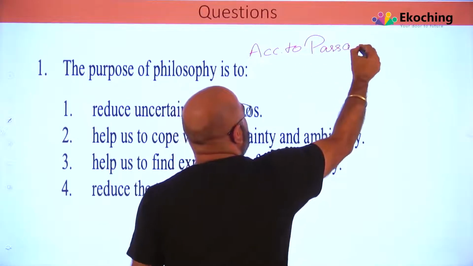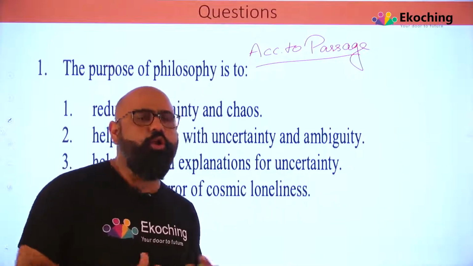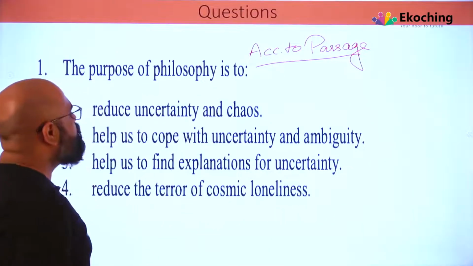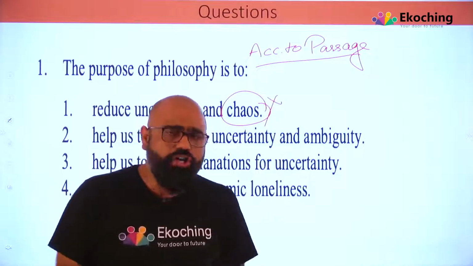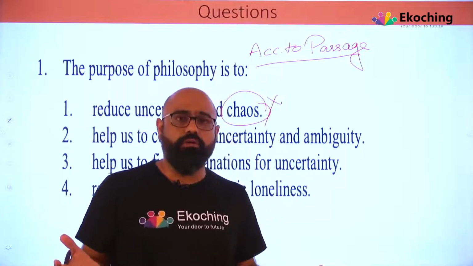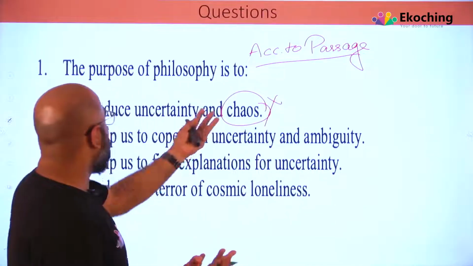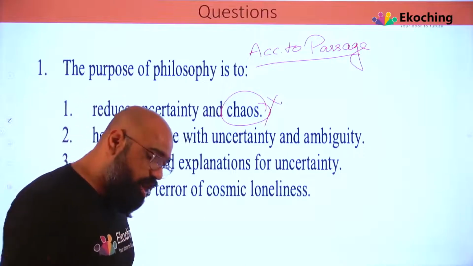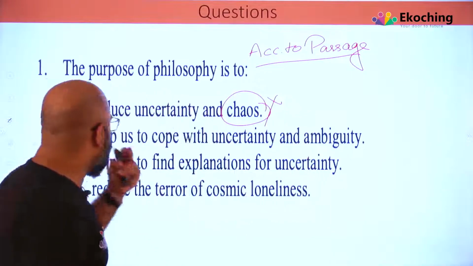According to the passage, no outside knowledge. Okay. Reduce uncertainty and chaos. Not the context we are talking about. The purpose of philosophy is not to reduce the chaos. We are not even mentioning the chaos, right? Eliminate it. Let's go to the second option.